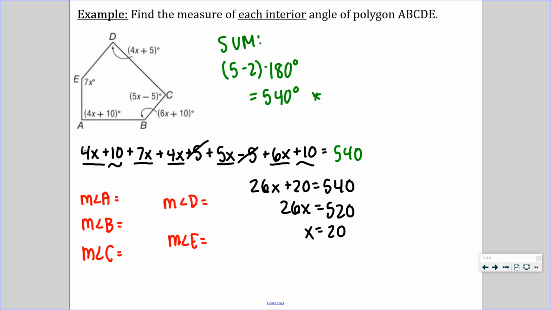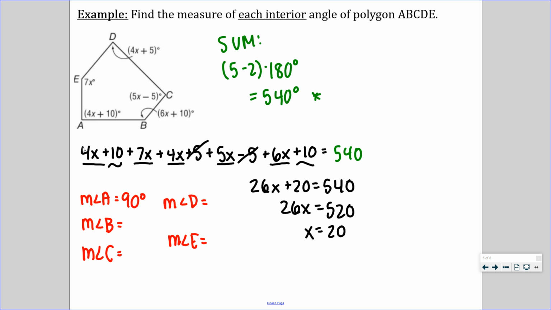Okay. Let's plug the 20 in here all together. I want you guys to do this math in your head. Good practice. X is 20. 4 times 20 plus 10 is 90 degrees. If you didn't participate this time, you need to this time.